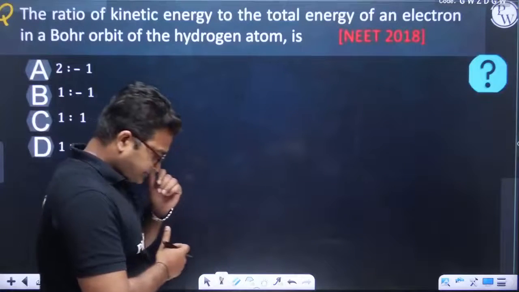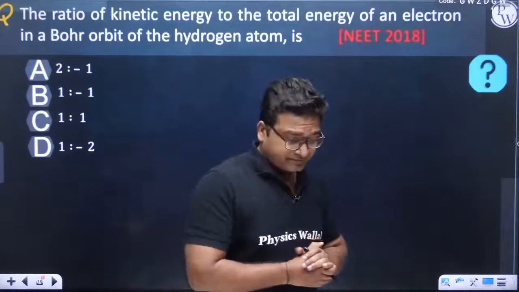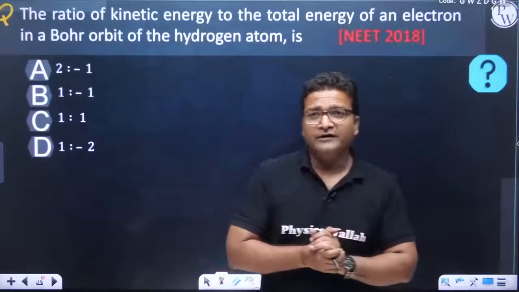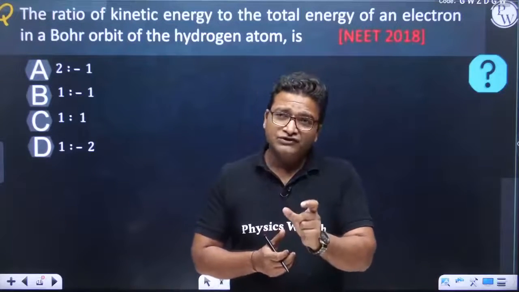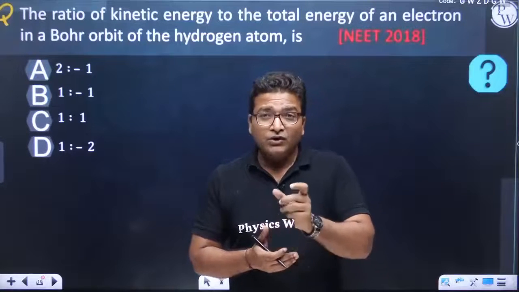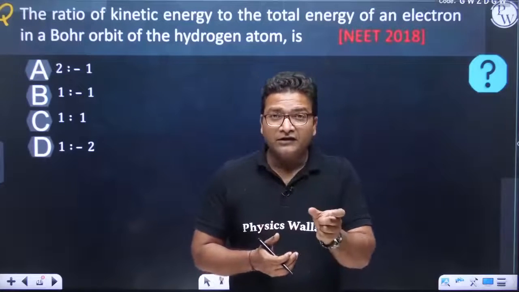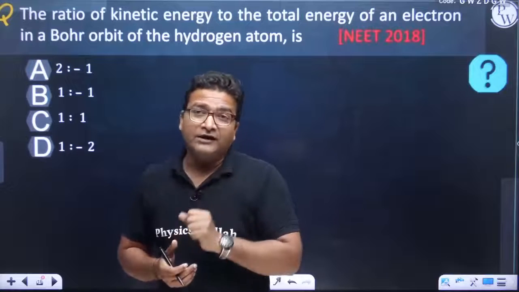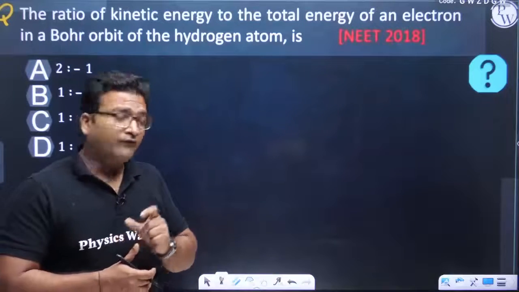Here we have a question where they are asking us the ratio of kinetic energy to the total energy of an electron in a Bohr orbit of the hydrogen atom.